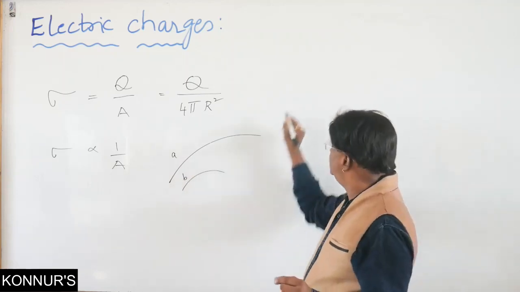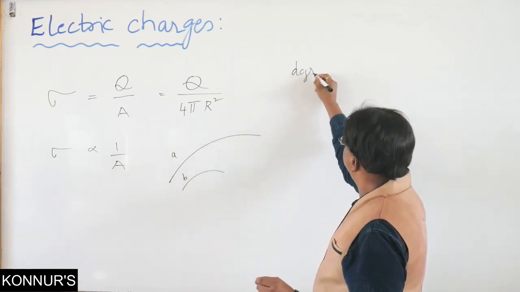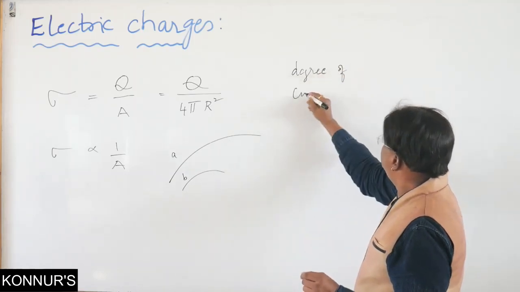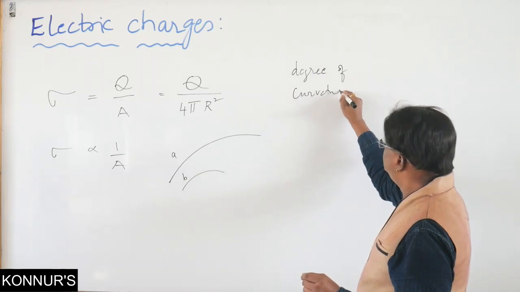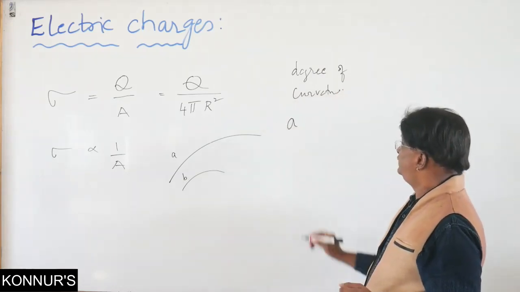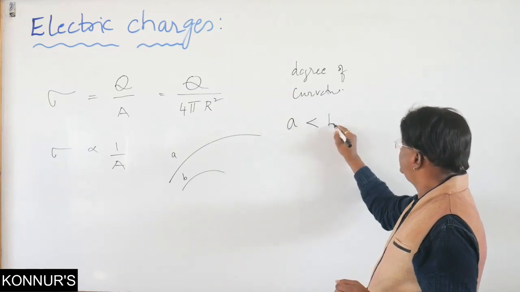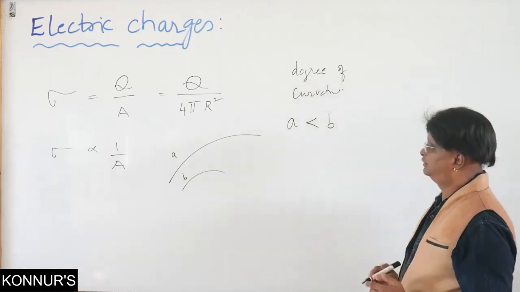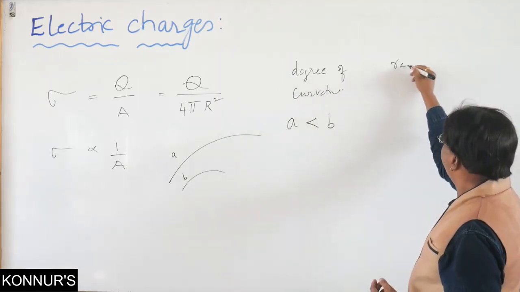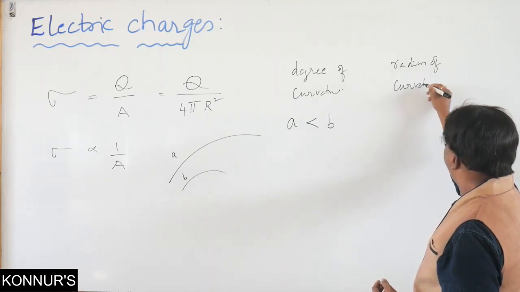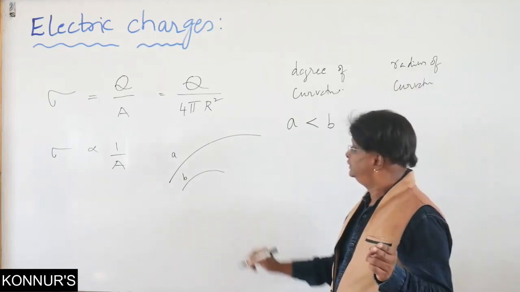Now it comes to degree of curvature. Please look at this carefully. Degree of curvature comparison, what do you write? Degree of curvature of A is less than that of B. I am talking about degree of curvature. Whereas if we are comparing radius of curvature, what do you find?